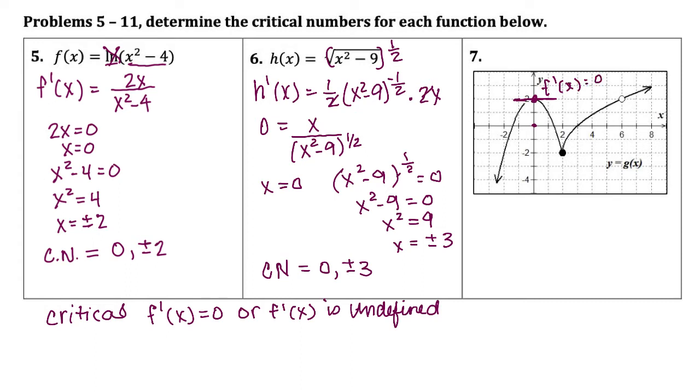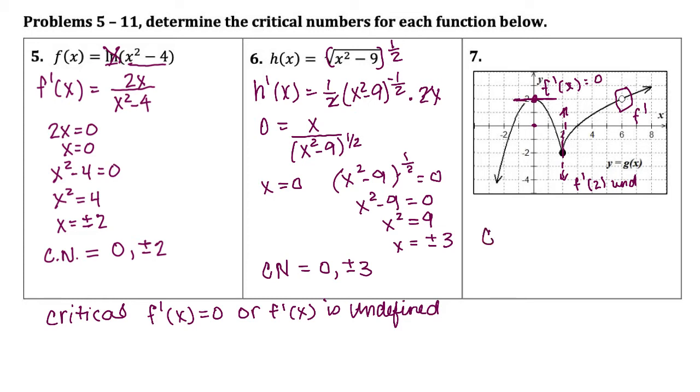And right here, you've got a vertical tangency. So that tells you that f prime at 2 is undefined. And the same thing right here, f prime is undefined right there.